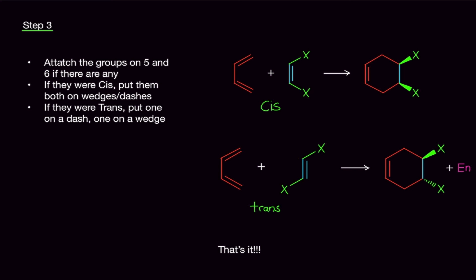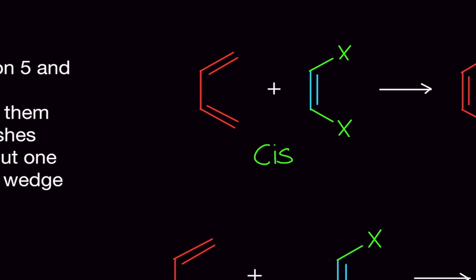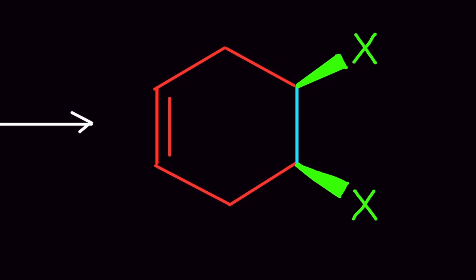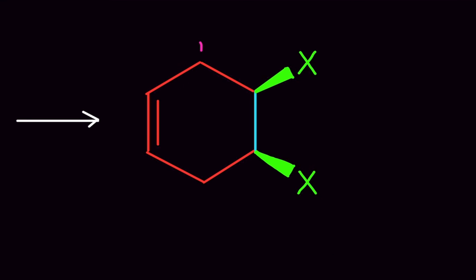That's it. So you understand what I mean? So once again, if you didn't understand this, this is 1, this is 2, this is 3, this is 4, right? We numbered the carbons. This is 5, and this is 6. If the dienophile has functional groups, you bond them to number 5 and number 6. So let's number this again. 1, 2, 3, 4, 5, and 6, right?